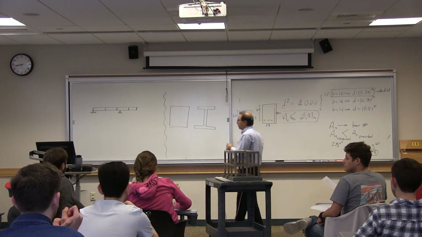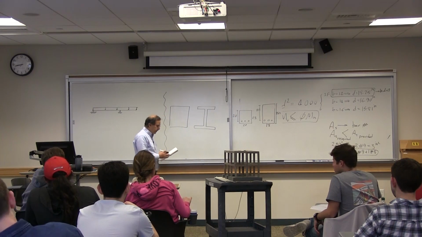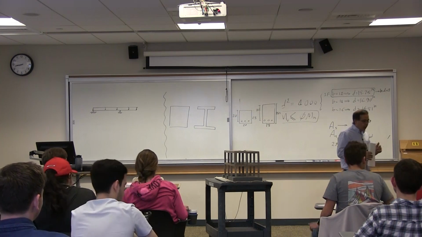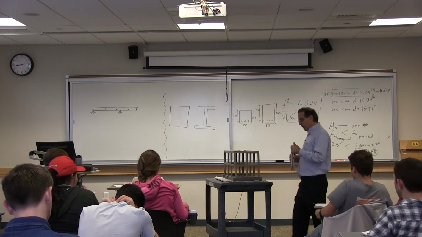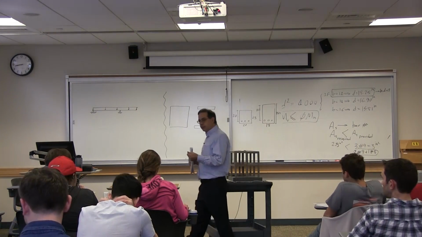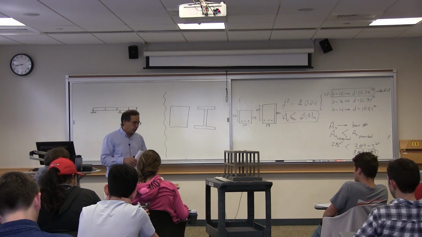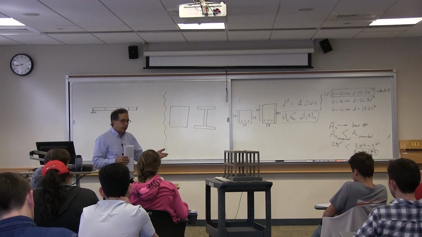Okay, so we are done with two basic things. How to design, and how to evaluate an existing beam. A cross section is given to you. The question is, what is M crack? What is M service? What is M ultimate? That's evaluation.